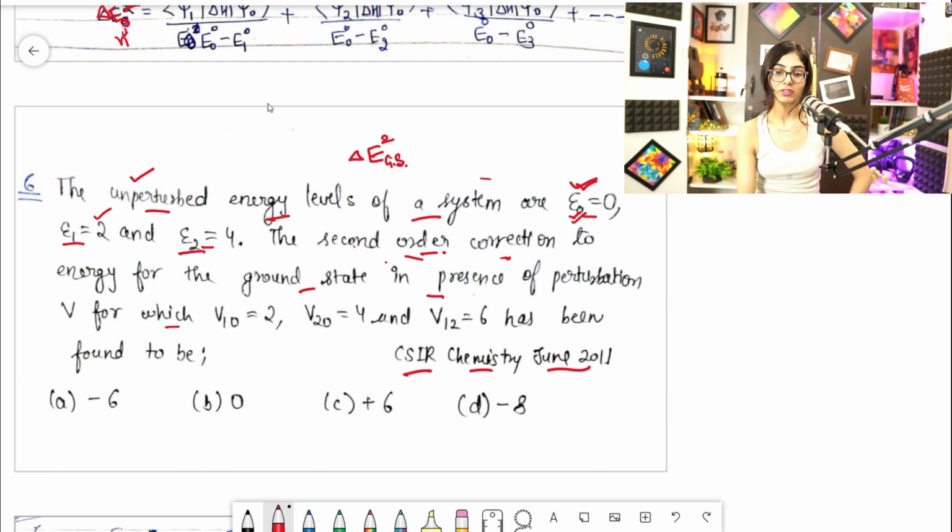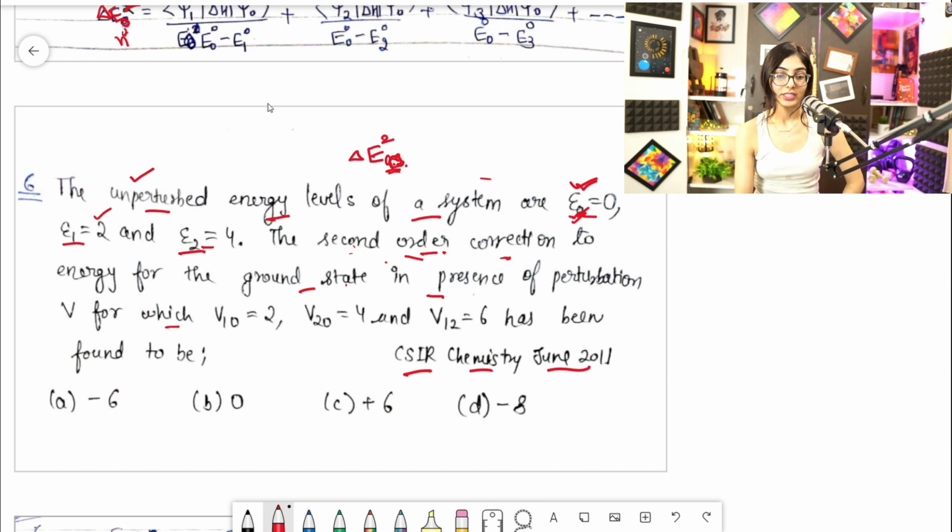The ground state will be 0 only, because ground state can be 0 or 1, like 0 for the SHO and 1 for the particle in a 1D box, clear? Here always a state comes. It is not directly mentioned but indirectly given in the question that the ground state is 0, because E0 is given. So the lowest state can be 0, and the system is not directly given but the state is indirectly given, right?